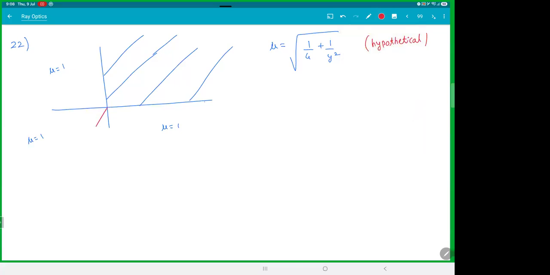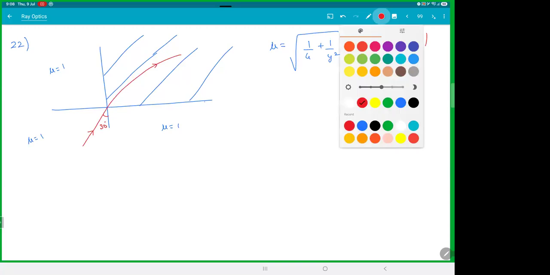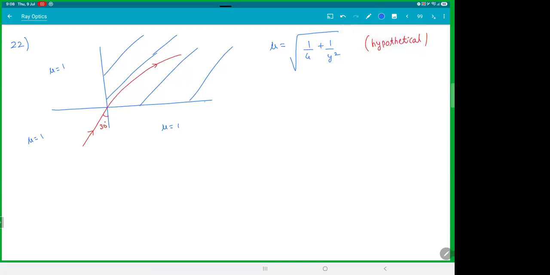Now you sent a light ray through the origin at an angle of 30 degrees. This light ray started bending inside. Remember, a light ray goes in straight lines in a homogeneous medium. Here the light ray is not going in a uniform medium, so it starts bending. Something like this is what actually happens in a mirage. If you ever heard about a mirage, that's the catch there. So the whole quadrant is filled with this medium.